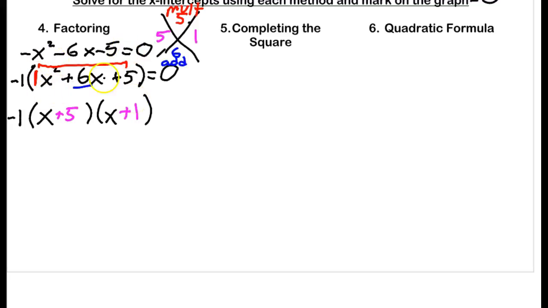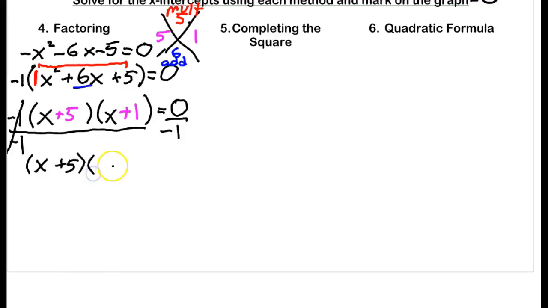Okay, but since there is no number here except 1, you don't have to do that part. We'll get the same answer here. Now, just like before, if there's a number in front, you can just divide that out because the other side is 0, so it just cancels out really. We don't have to worry about anything that might be sitting there in front of us.